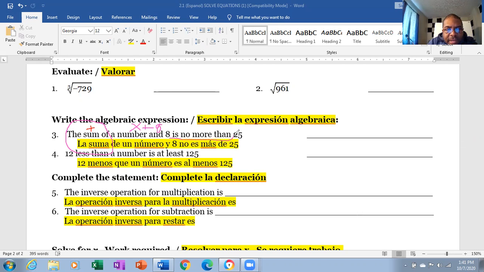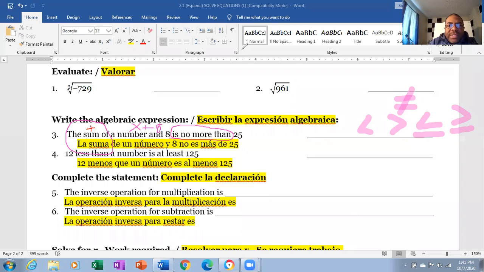is no more than. So we know that it's going to be an inequality. And remember the inequalities are not equal. Another inequality is less than, another one is greater than, or it might be less than or equal to, or greater than or equal to.